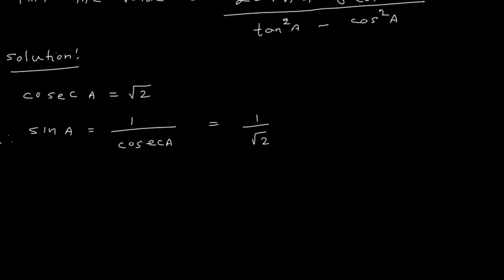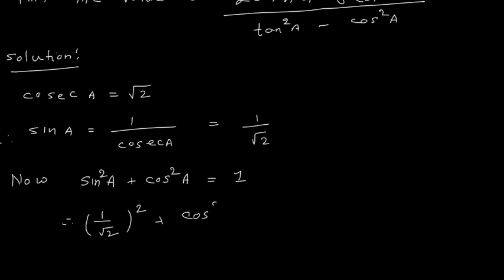Now we know the value of sin A. Now sin square A plus cos square A gives us answer 1. Therefore 1 upon root 2 square plus cos square A is 1.